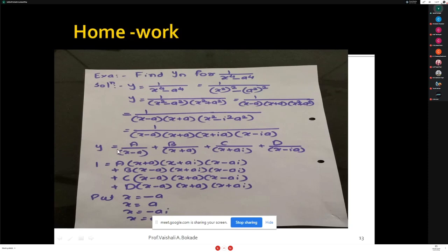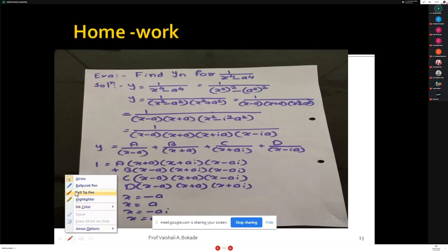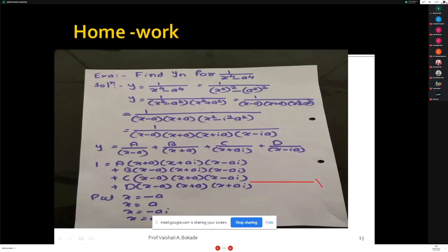Everybody will proceed for partial fraction here and write y is equal to 1 upon x raised to 4 minus a raised to 4 on the left hand side. This is the star step I am writing. You will write the star step correctly because here I have a total of 4 terms.